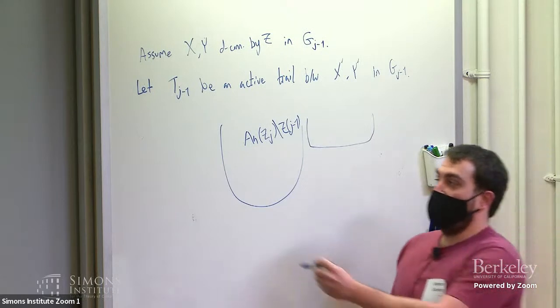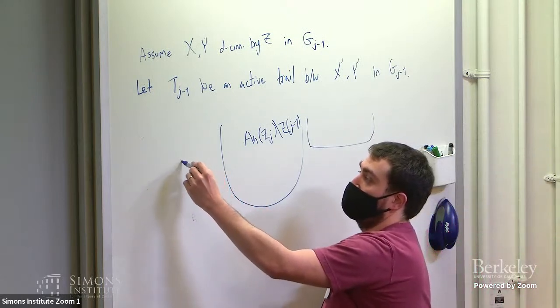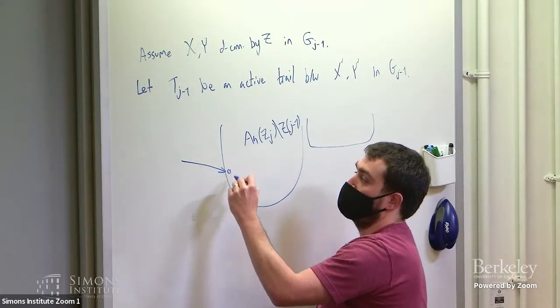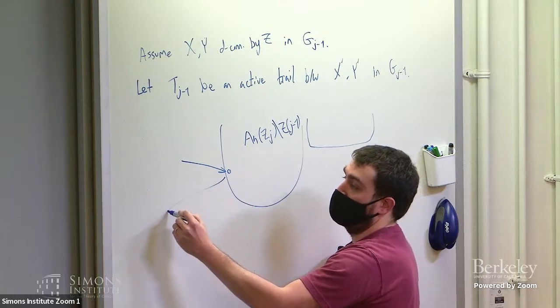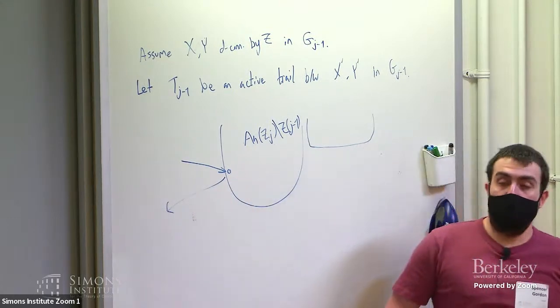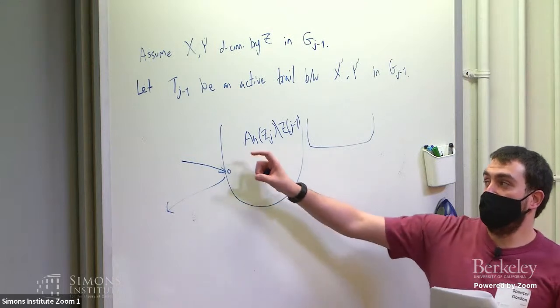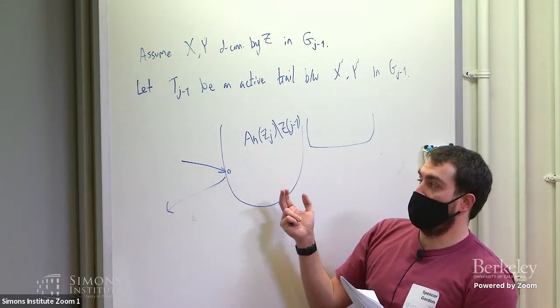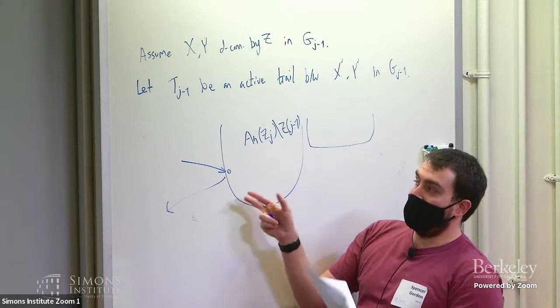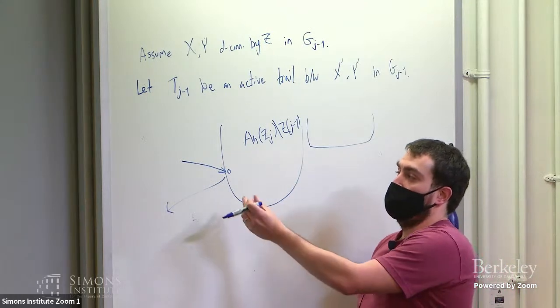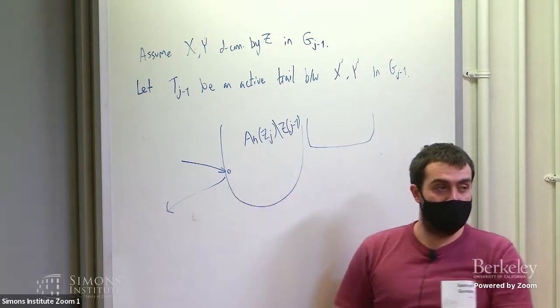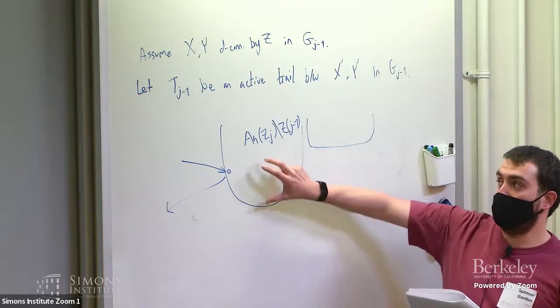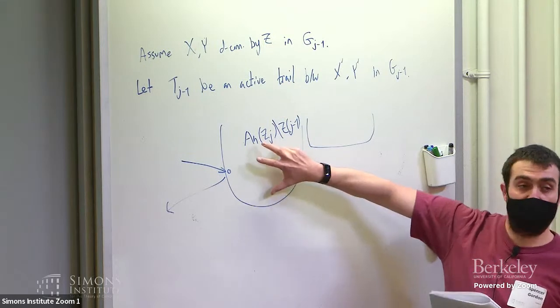So let's say TJ minus 1 took an edge into this set, touched some vertex, and then left. This section of the trail doesn't contain any edges between vertices in the set. So it's going to be unaffected by doing any transformation within this set.